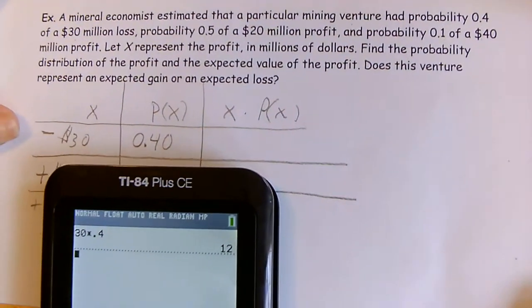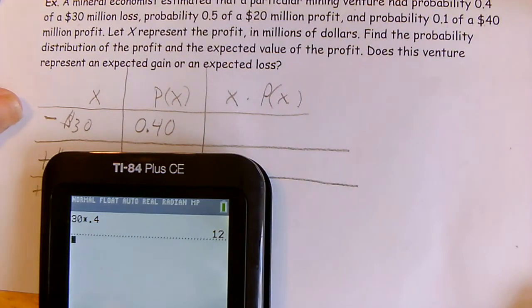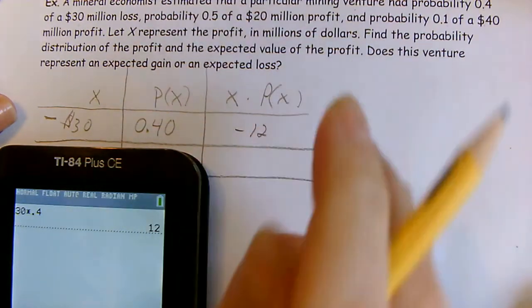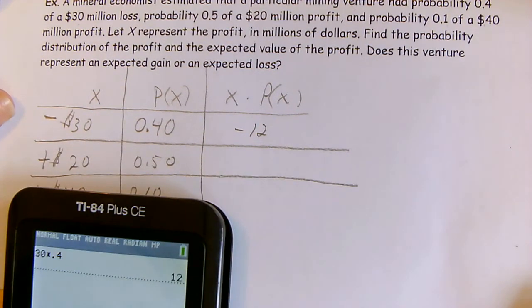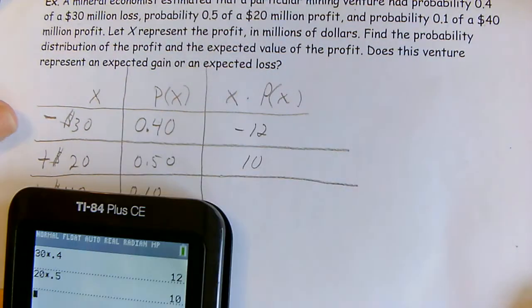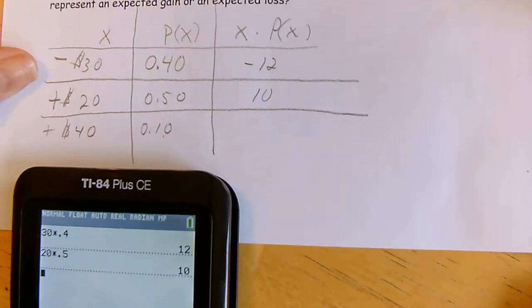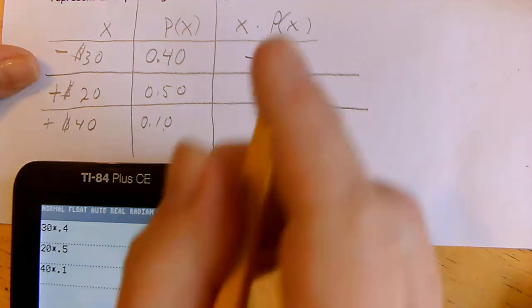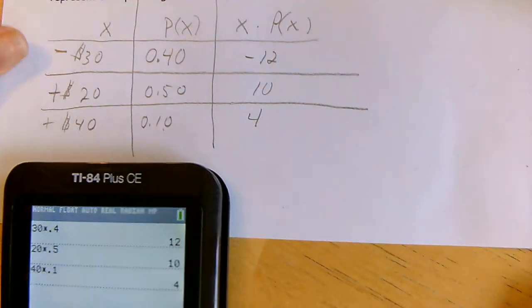Now multiply. I didn't put my negative in there, it should have been negative. That's a loss. Here we have 20 times 0.5, a gain of 10. 40 times 0.1, 4.